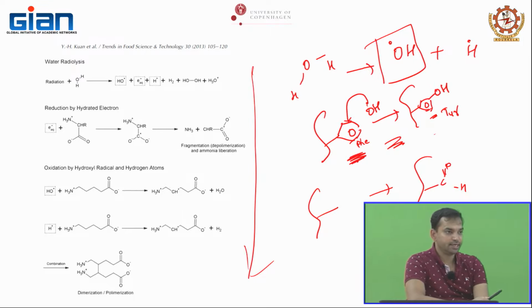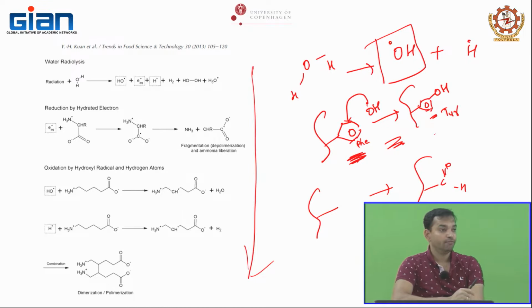Absolutely, that was what I mentioned in the very first slide. Physical treatments are physical treatments, but they bring chemical changes, right? Okay, I will try to answer it in a different way.